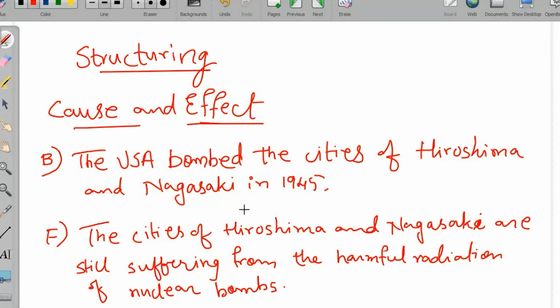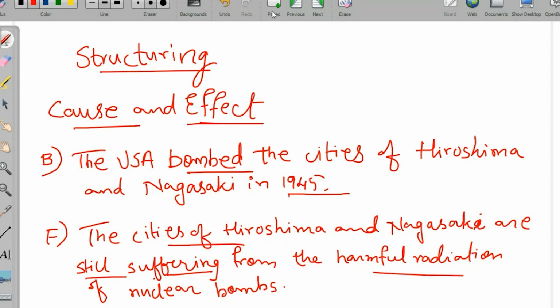For example, if these are the two sentences. Sentence B says that USA bombed the cities of Hiroshima and Nagasaki in 1945, and the cities of Hiroshima and Nagasaki are still suffering from the harmful radiation.